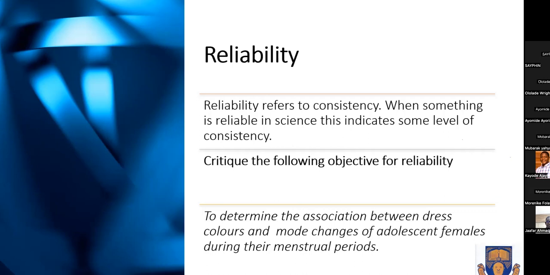One might say there might be inconsistency in mood changes, but there just might be a psychometric tool that can measure mood changes. So when we're talking about reliability and you're going into your methodology, please note that you must show us the tool that you use to measure your phenomenon with consistency.